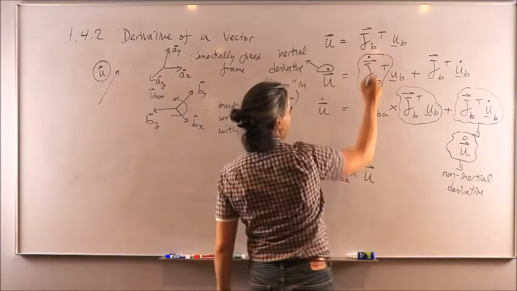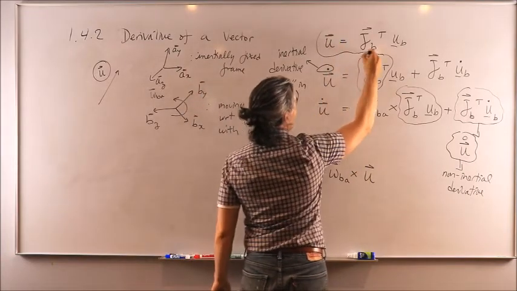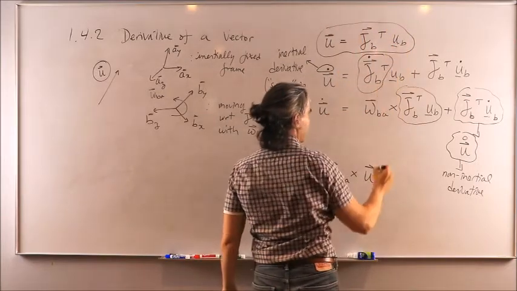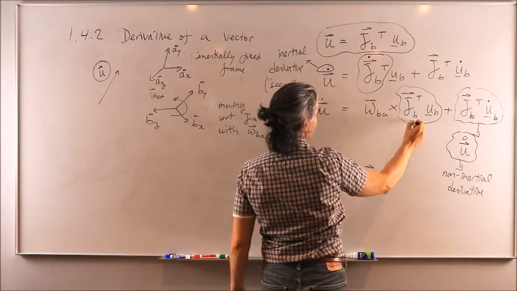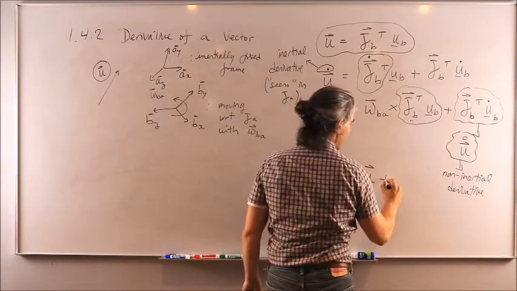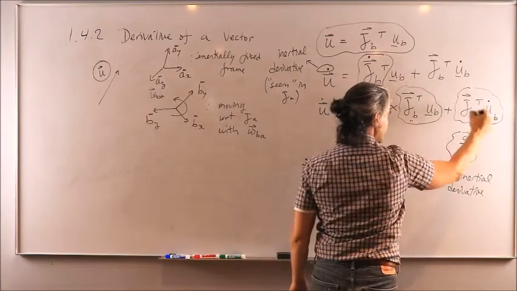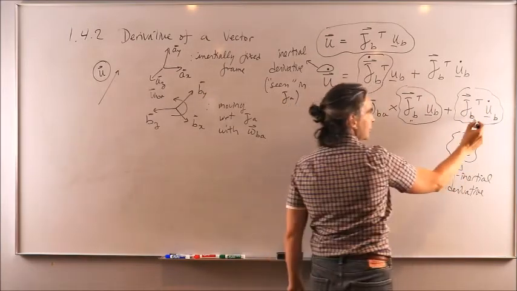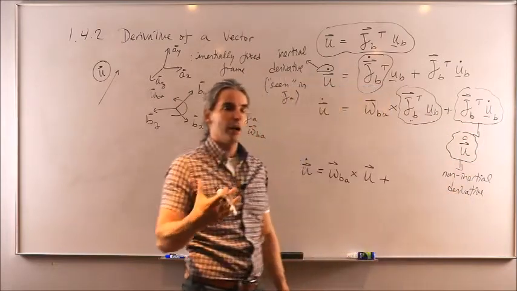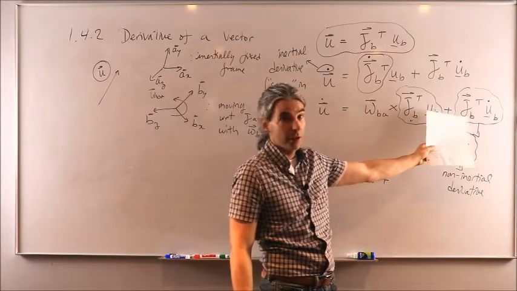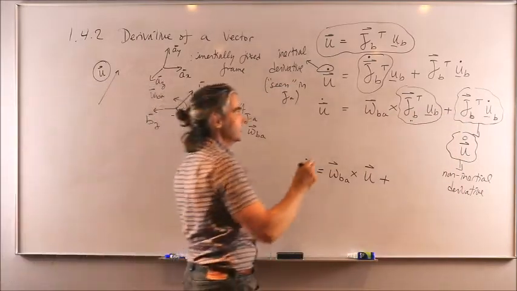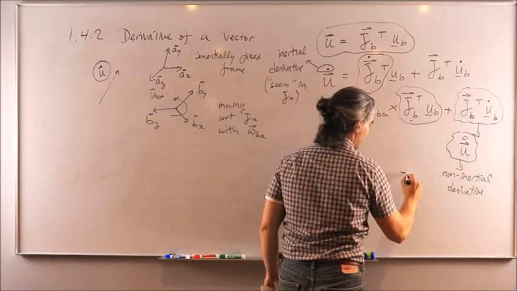Because we said earlier, vector u can easily be expressed in terms of its components in reference frame B. So this is actually just vector u, plus the non-inertial derivative. Why do we know it's non-inertial again? Because of the subscripts. The subscripts tell us that this is expressed in the moving reference frame, which happens to be reference frame B. Reference frame B is not our initial reference frame, so this is the non-inertial derivative.